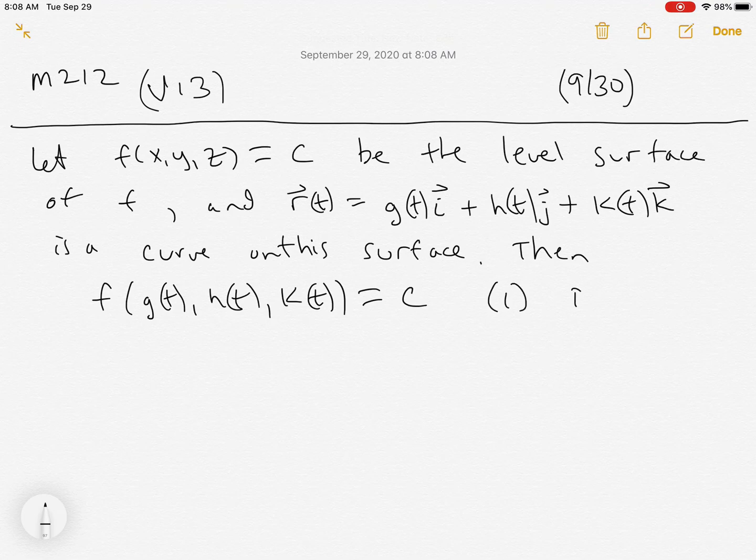We're going to differentiate both sides of 1. And so on the left-hand side here, we use the chain rule, and we've got to be really careful here.